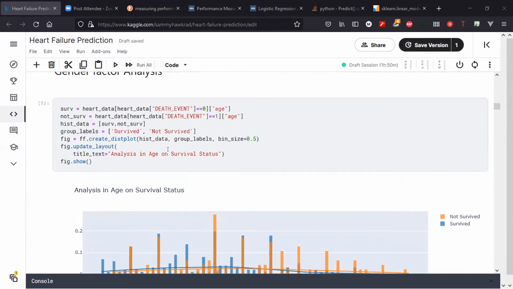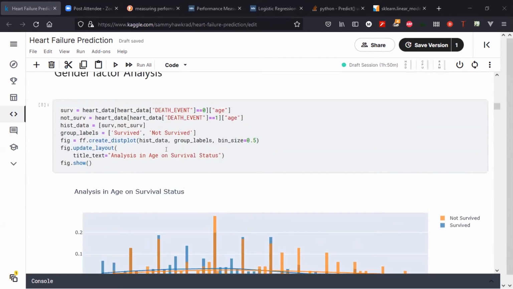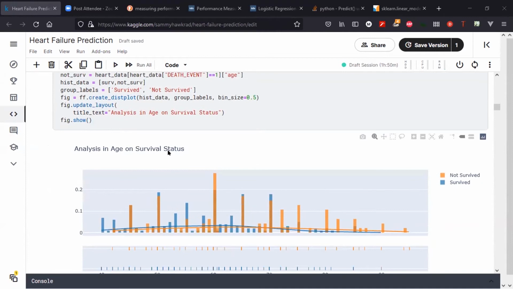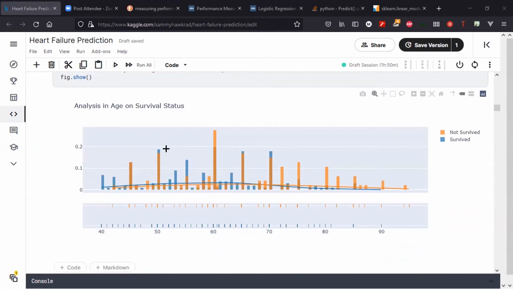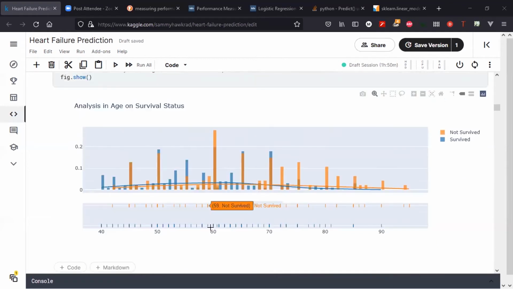So we move on to age. We combine the age and survival status to see which category of people usually survive, or which age group survives the most and who do not survive. And we see that the people who barely survive are those who are aged 60 years old.